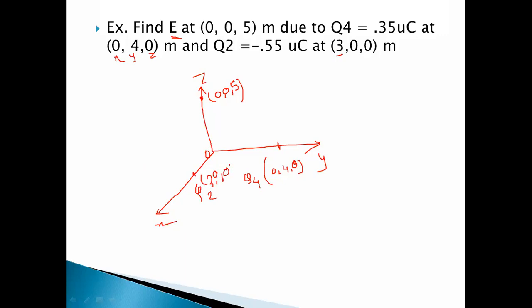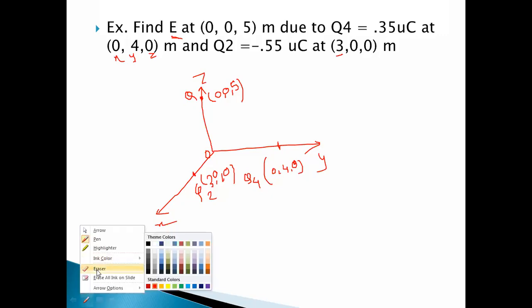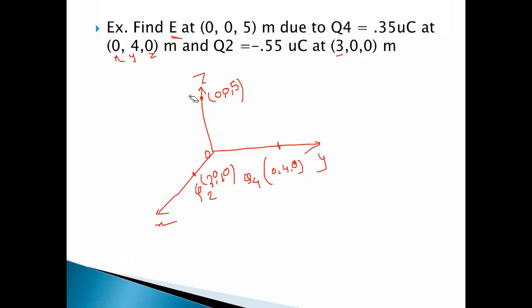Now we have to find the electric field intensity at this point 0,0,5. I'll consider this point as P, because otherwise you will feel that the charge is located there.